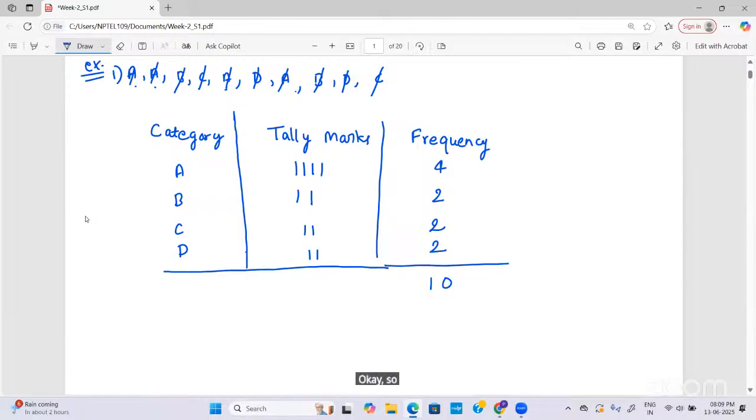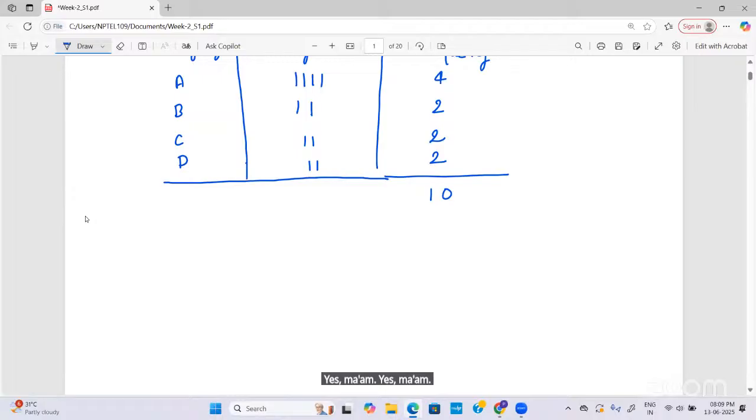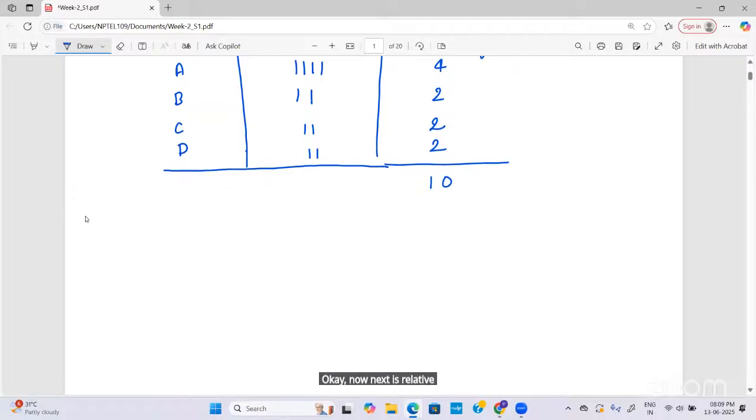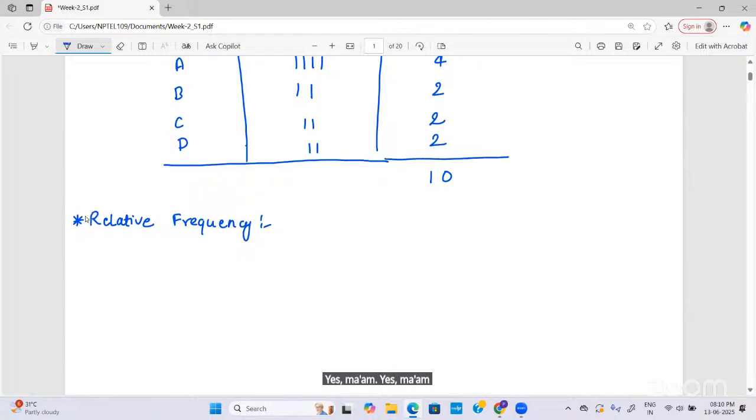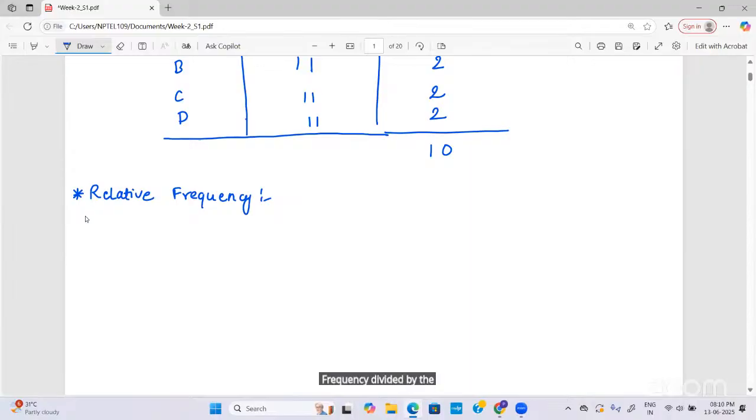Okay, so I hope it's clear to everyone. Now next is relative frequency. So what is relative frequency? It is the frequency of a particular value divided by the total number of observations.